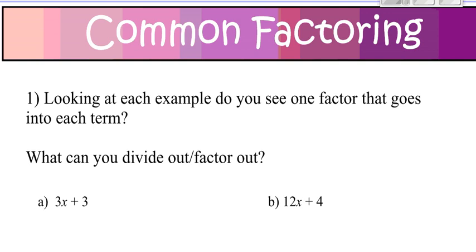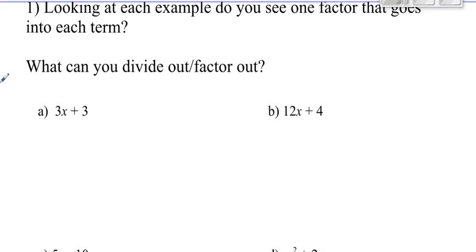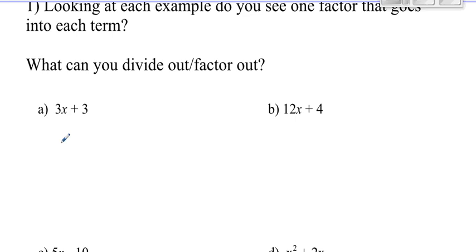So like we did before, if we're looking at this example, I have 3x plus 3. What I want to do is look at a number or a variable that is common in both terms. In this case, what is common is a 3. So I'm going to divide both terms by that 3. As soon as I know that I'm going to be dividing by that 3, that means 3 is my common factor.